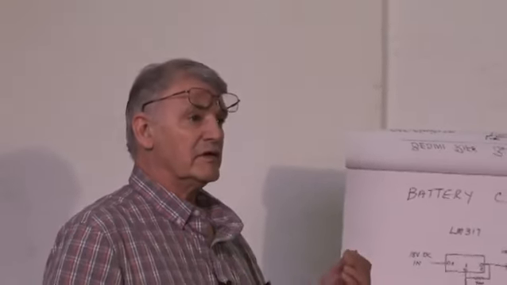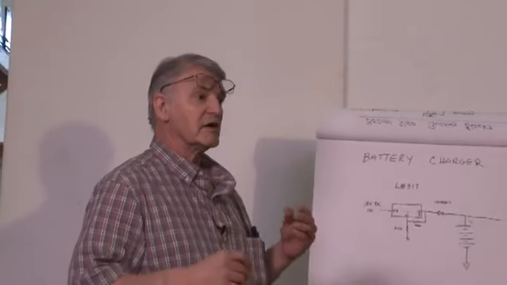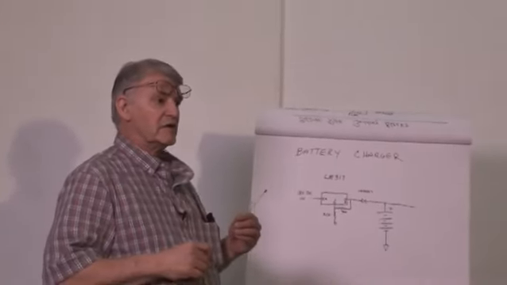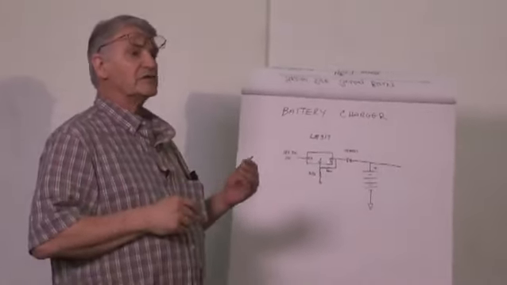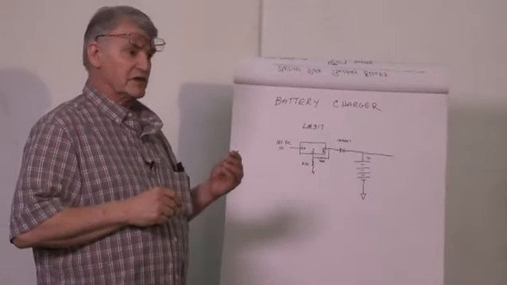Let me give you an explanation of me when it comes to electronic circuits. I'm not one that likes complicated circuits. I feel that you can reduce everything to simplicity.